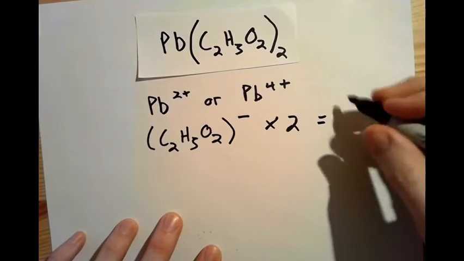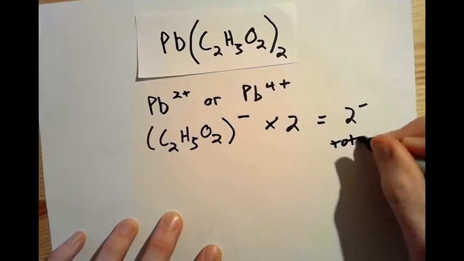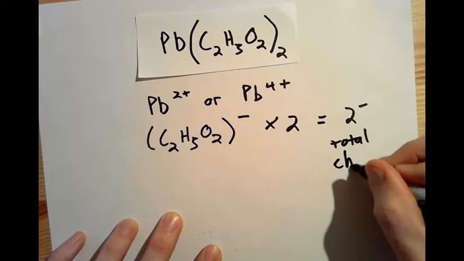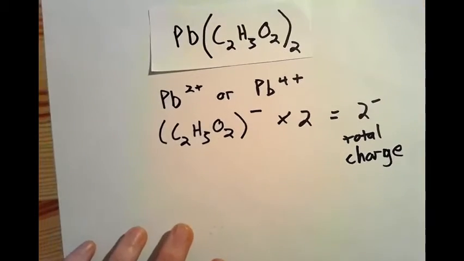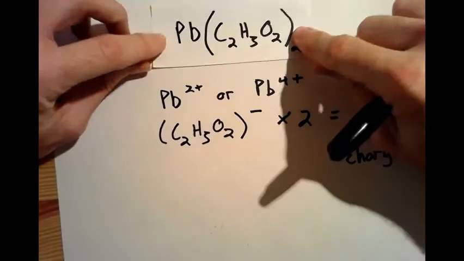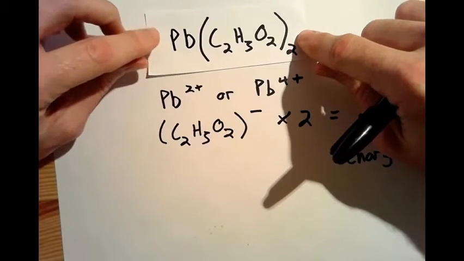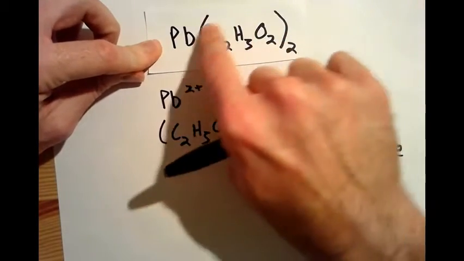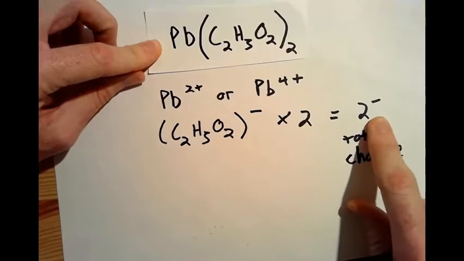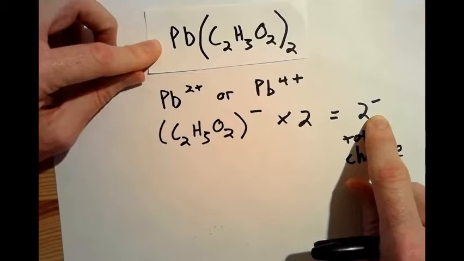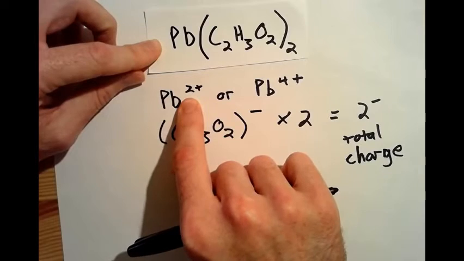So my total charge is now a 2 minus total charge. I also know that the charges have to equal out, and the net charge of the whole molecule needs to be 0. So if the acetate is a 2 minus charge, then the lead must be a 2 plus charge.